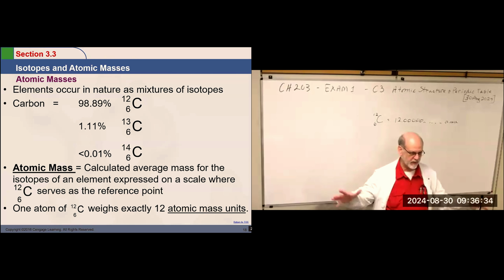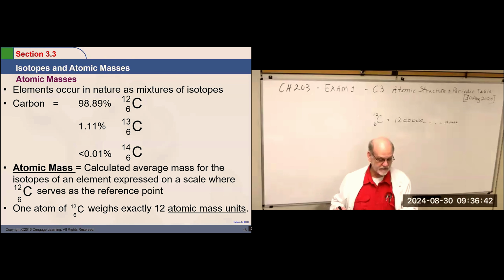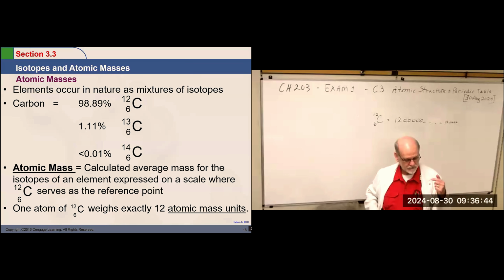And everything else is compared to that. So the relative abundance by mass of carbon-12 is 98.89, and that's why its average is 12.01. It's mostly carbon-12. And it's easy to isolate from organic substances.